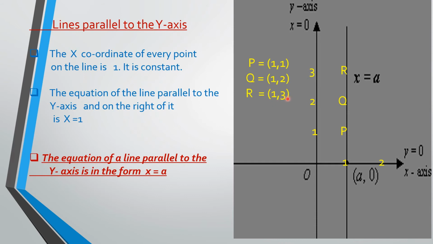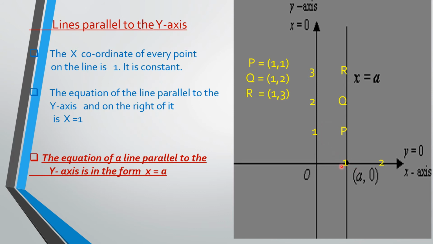Therefore, the x coordinate of every point on the line is 1, and therefore this line is parallel to the y-axis. Therefore, the equation of the line parallel to the y-axis and on the right of it is x equal to 1.